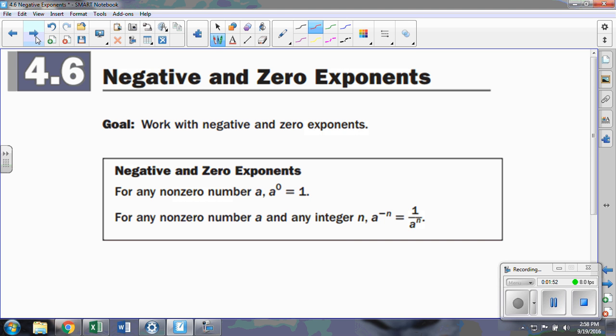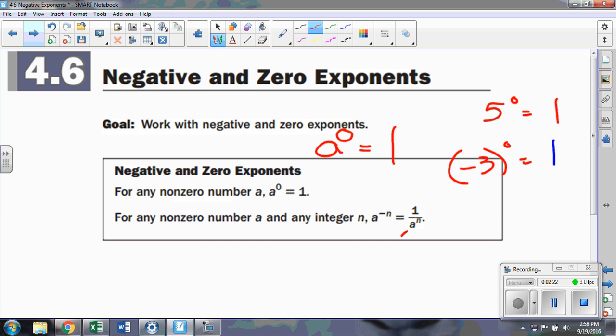Now, the two important facts to remember, the two things that we're going to use just everywhere here. If you can take any base, as long as it's not 0, and you take it to the 0 power, it's 1. And it doesn't matter what it is. We could take 5 to the 0, and that's 1. You could take negative 3 to the 0, and it's 1.